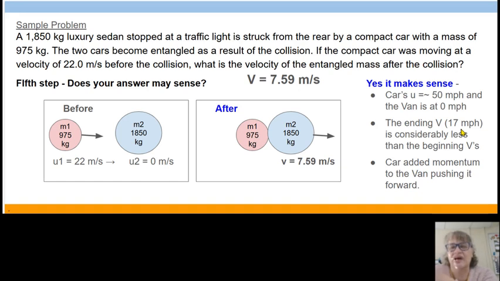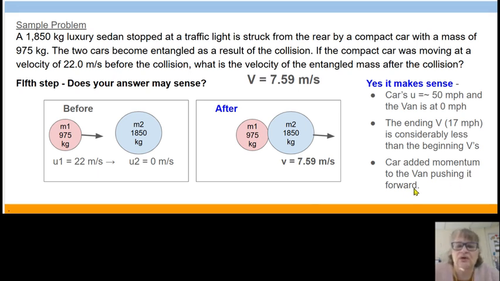Does that make sense? Yes. The ending velocity is considerably less than the beginning velocity, right? Because the compact car and the luxury car, they're of a good size when they're together, but that 50 miles per hour gives it enough momentum, right, that it moves the van.